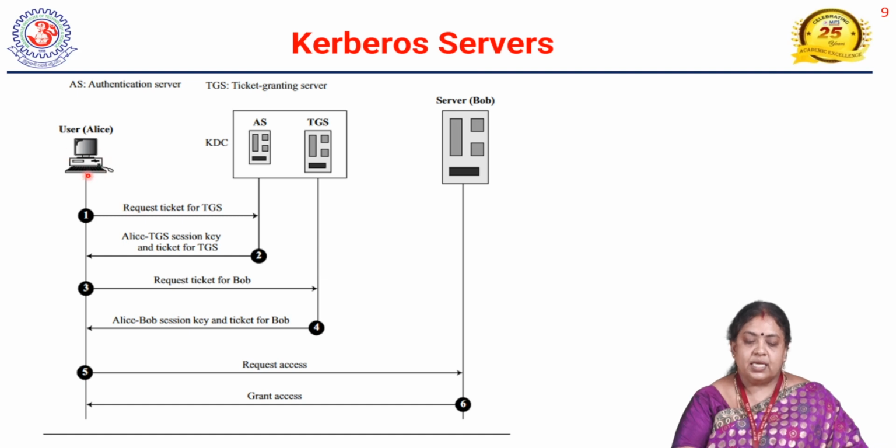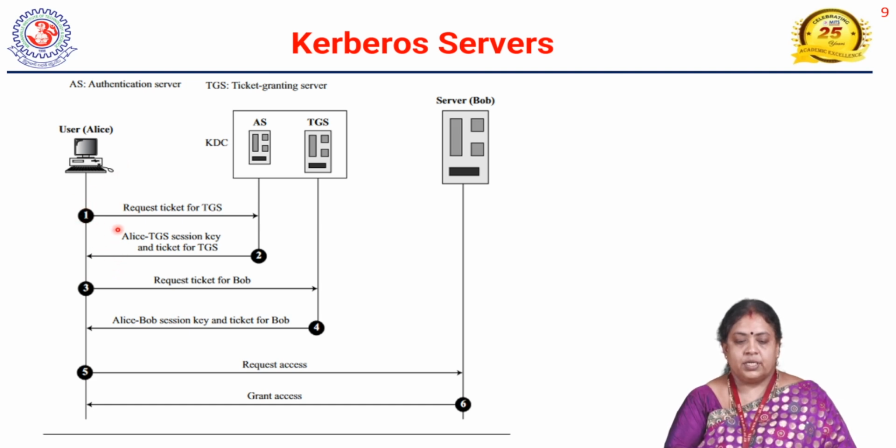If he is an authorized user, the AS issues a session key that can be used by Alice to contact the TGS. There is a session key between Alice and the TGS, and that will be given.